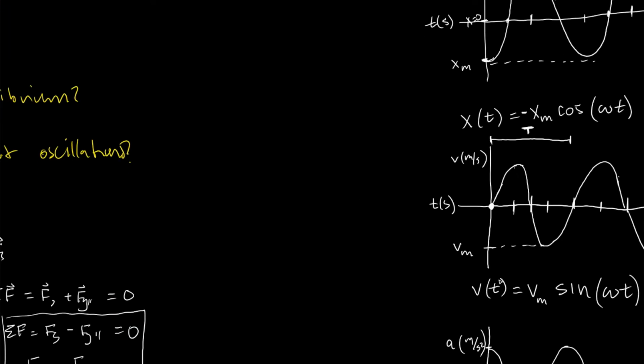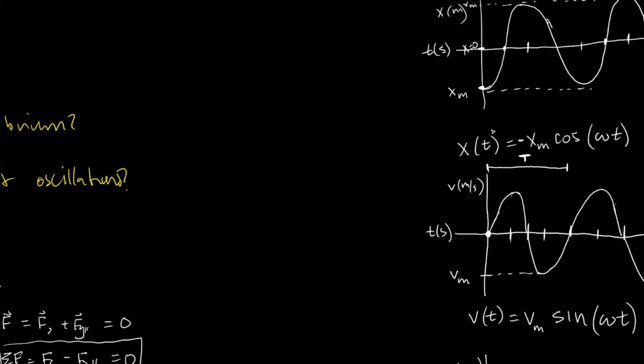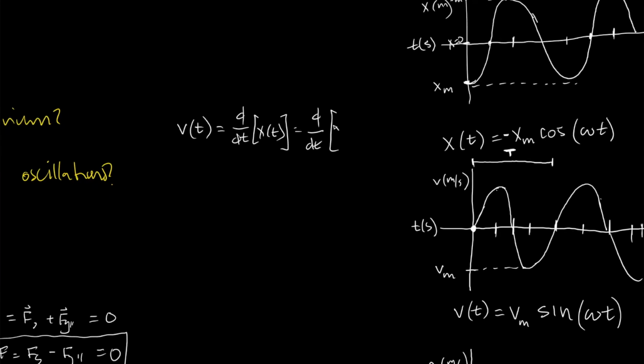So we said v of t is the rate of change of x of t, or v of t equals dx/dt, equals the time derivative of xm cosine omega t.